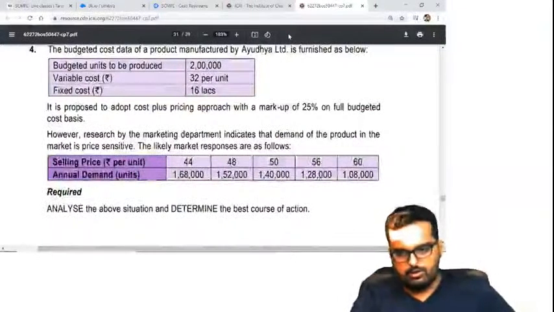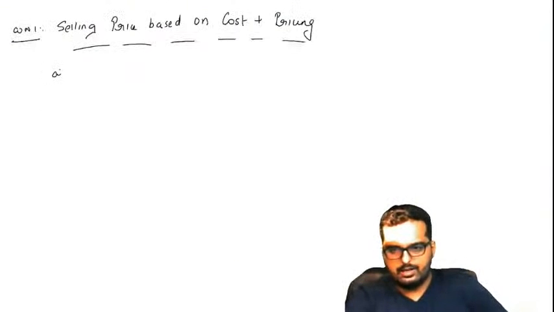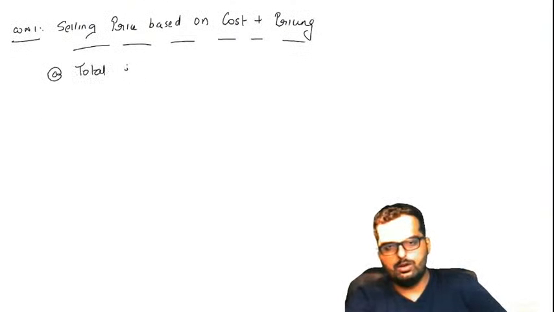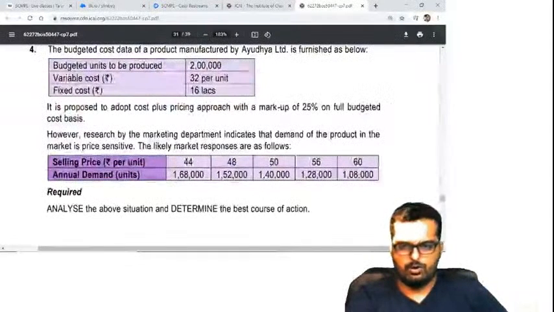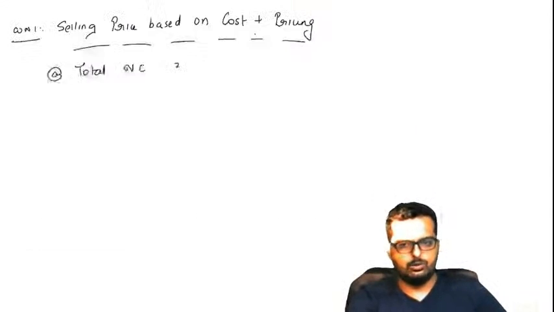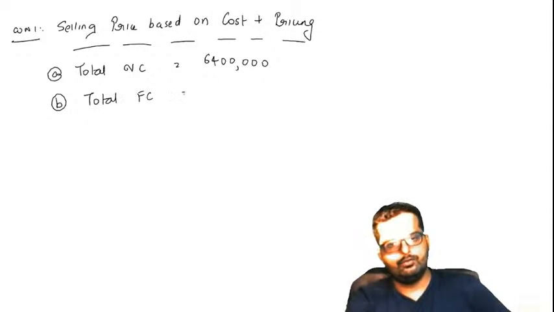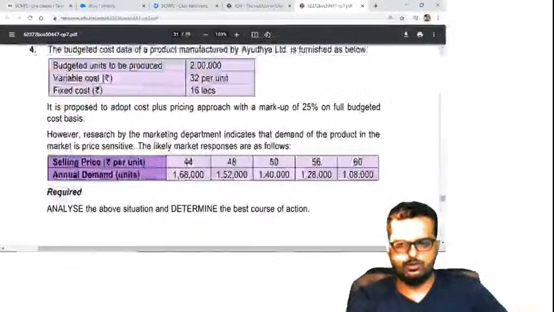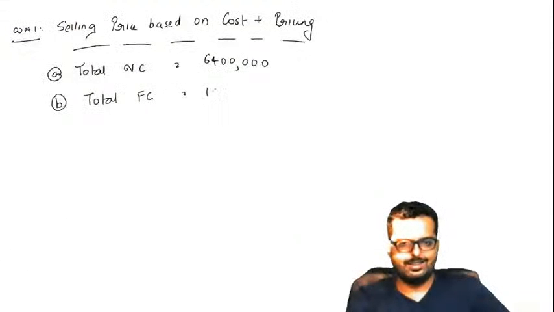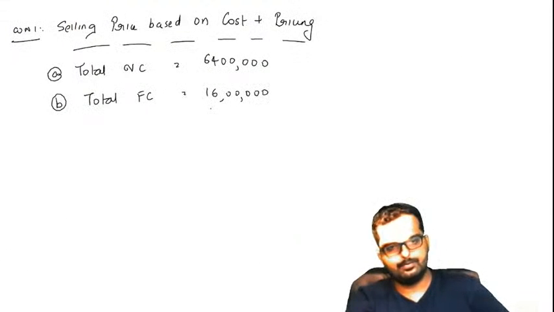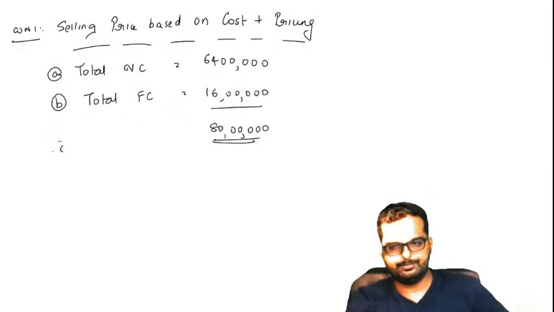Selling price based on cost plus pricing. Point A, total variable cost, that is 2 lakh into 32. That will be how many lakhs? 64 lakhs. Point B is total fixed cost. How much is the fixed cost that is told over here? 16 lakhs. So what is the total you get? Do you get the total as 80 lakhs?